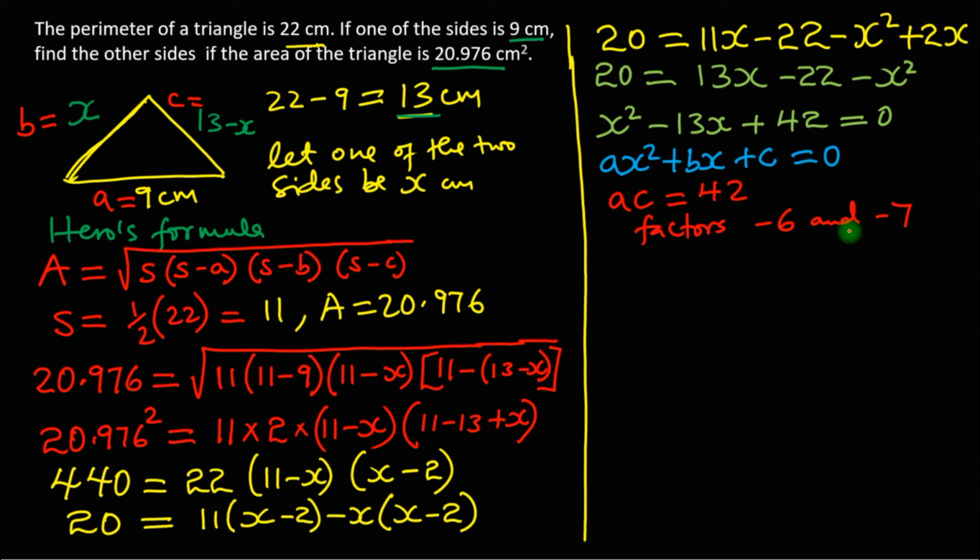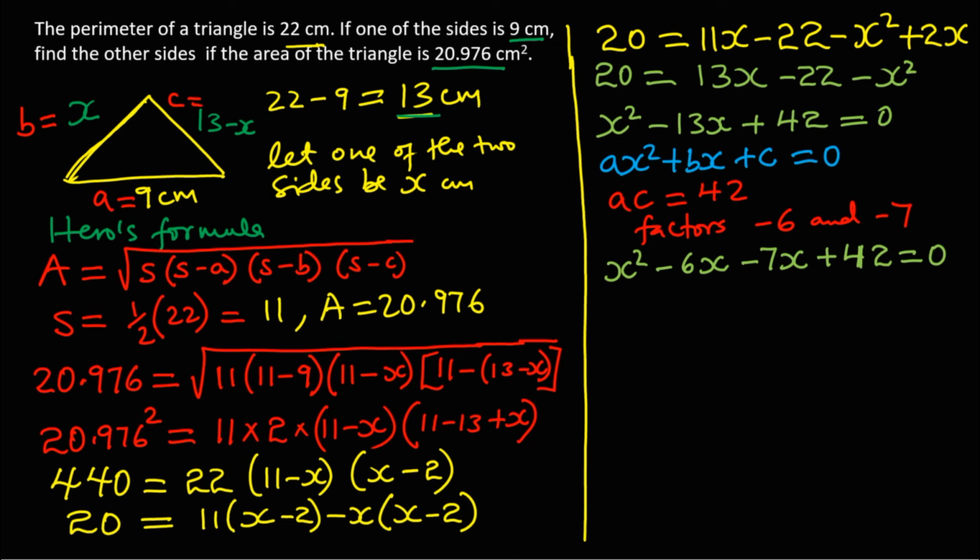When we add the two values we get minus 13. So minus 13x, we have to write in the expanded form, and in the expanded form it will be x squared minus 6x minus 7x. We haven't changed anything, but we have written it in the expanded form. So plus 42 is equal to 0.